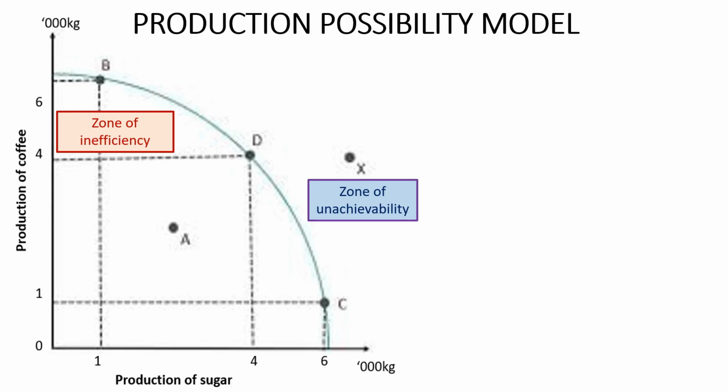Let's start off with output combinations in the zone of inefficiency, such as point A, where the country is producing 2,500 kilograms of sugar and 2,500 kilograms of coffee.